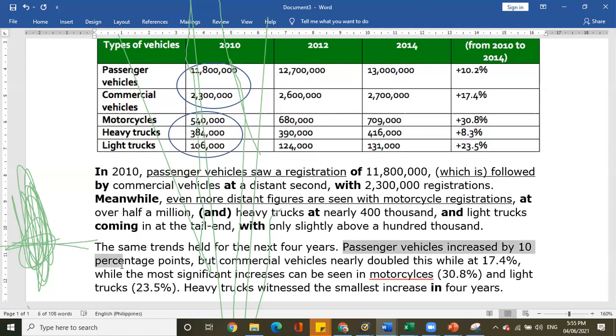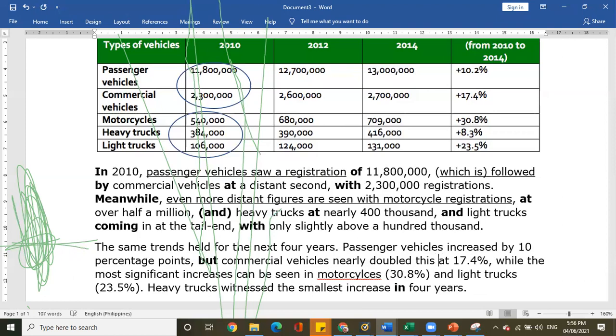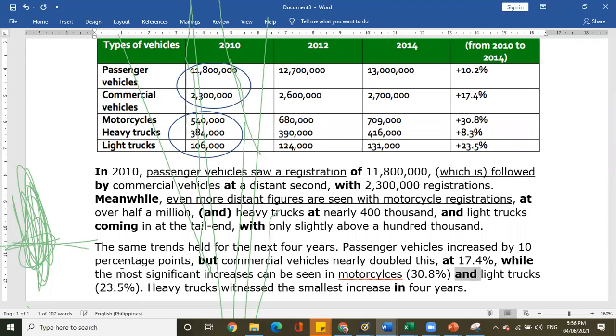Okay. So now let's analyze the middle clause there. Passenger vehicles increased by 10 percentage points. That's your SVO, and then you now have your discourse marker, but commercial vehicles nearly doubled this, at 17.4%, comma here, while, that's another discourse marker, the most significant increases can be seen in motorcycles and light trucks.